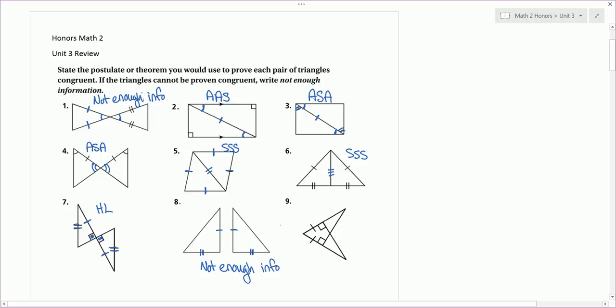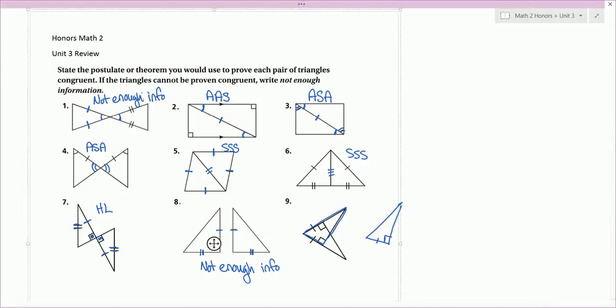In 9, we have overlapping triangles. When you have overlapping triangles, it's nice to separate them. So the one I'm outlining in blue, I'll redraw here. It's a right triangle, and that's marked here.